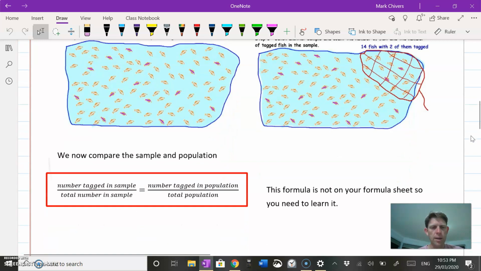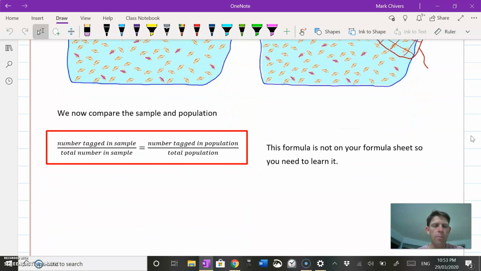And so we can then use this formula where we just say, well, look, the number that are tagged in our sample divided by the total number of our sample must be the same, or we assume it's going to be the same, as the number that are tagged in the population divided by the total population.